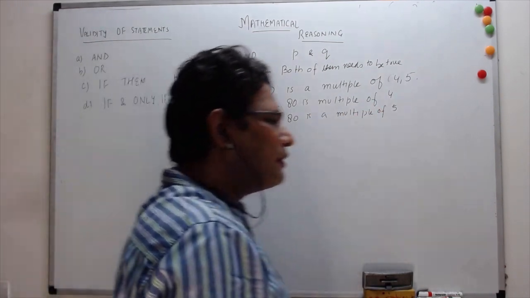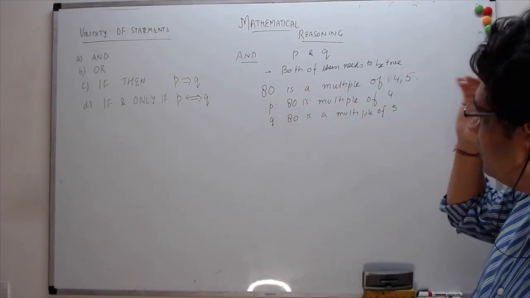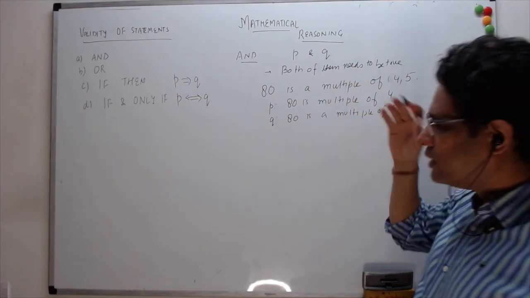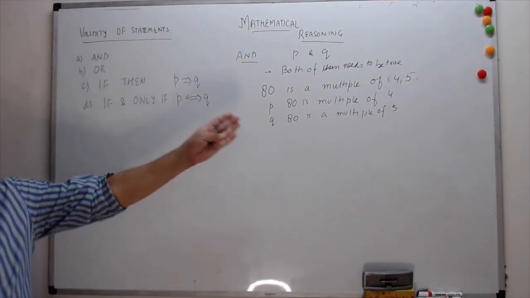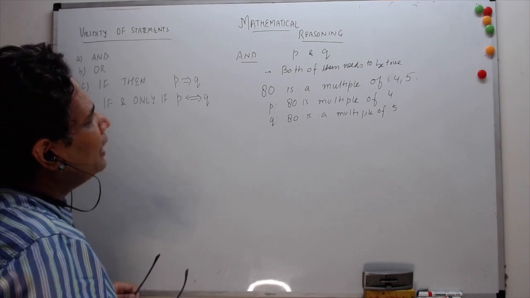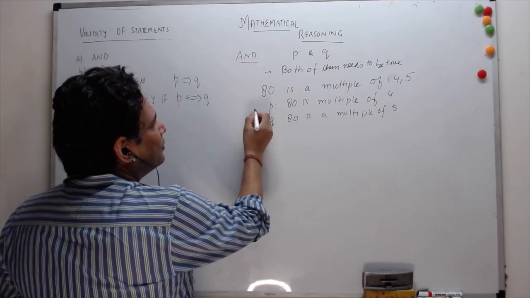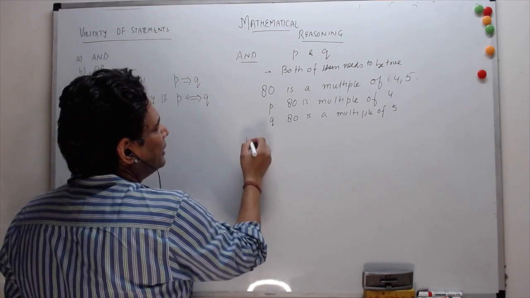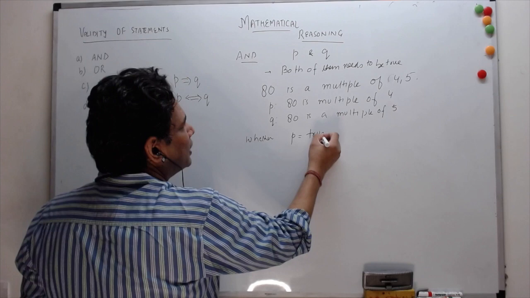If someone asks whether this statement is true or not, we can understand that it is made up of two component statements, P and Q. For this compound statement to be true, we have to evaluate whether P is true or not.